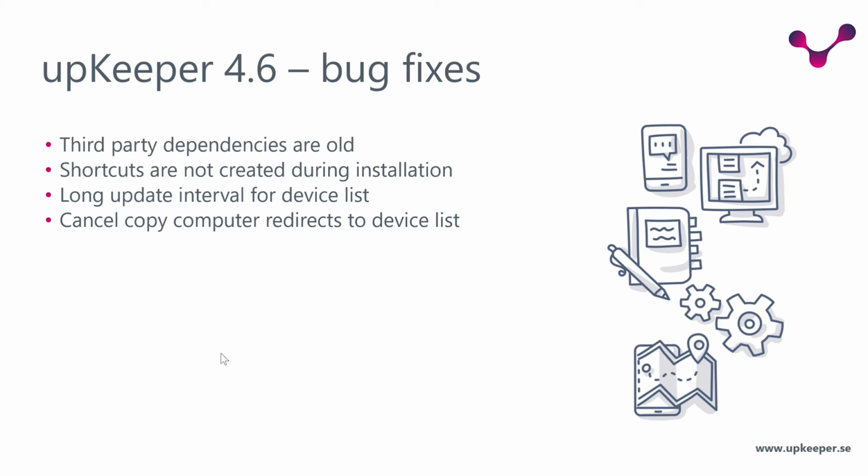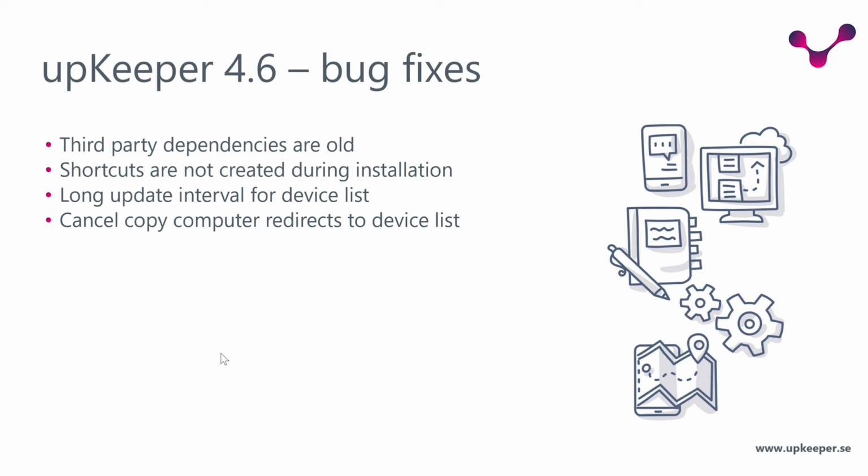When it comes to bugs, we have corrected some bugs as well. We have lifted all the dependencies for the .NET and so on to the latest version. We have fixed the shortcuts so they are created during installation when it comes to My Upkeeper, for instance. We have had some long update intervals on the device list, so that we have fixed as well.